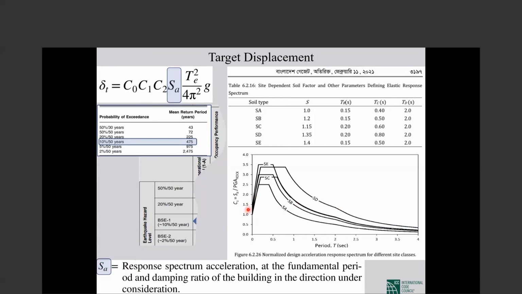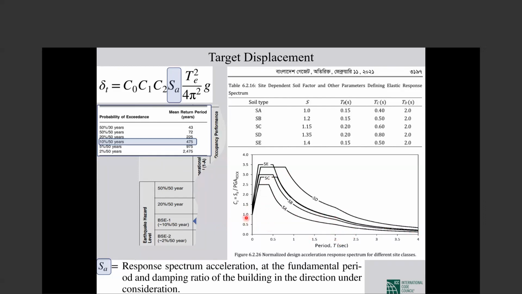But here we want displacement. We don't want force. So this acceleration is not that interesting for us, but what we usually have is the response spectrum. If you have the period of the building, you get the maximum acceleration.